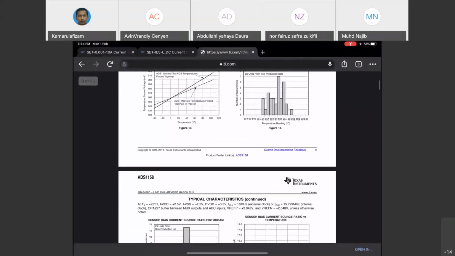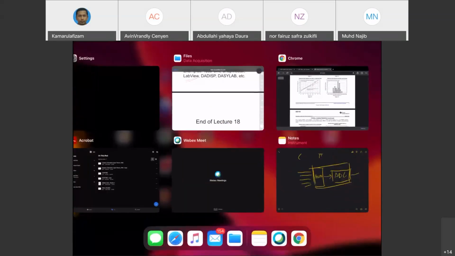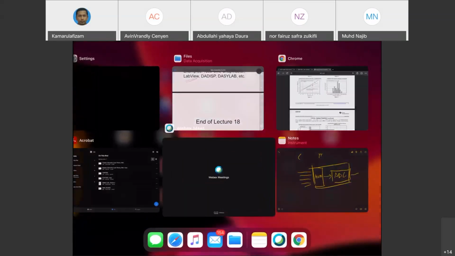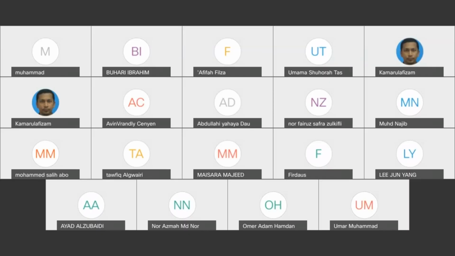Okay. So that's more or less what I want to cover today. If you have any question, you can ask now. So basically today we looked at a little bit on the ADC, and we have seen how we solve some small problems of designing an instrumentation system from the sensor stage.